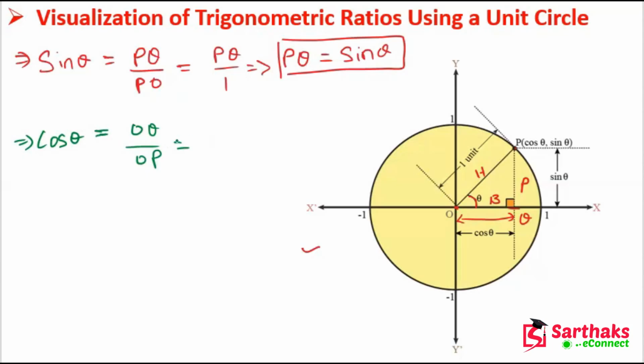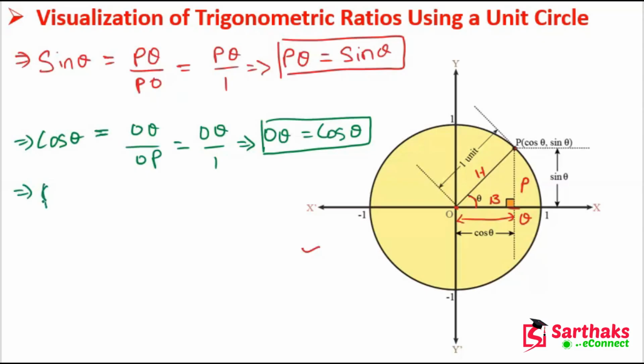We know that OP is 1, so OQ is equal to cos theta. Similarly, we can find the value of tan theta.